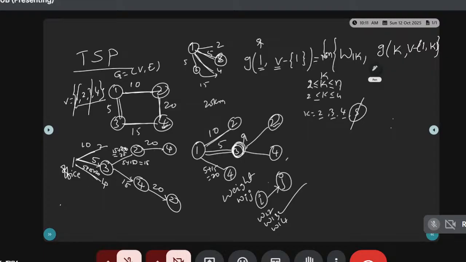This is a mathematical formula to solve the dynamic programming approach of traveling salesperson problem.